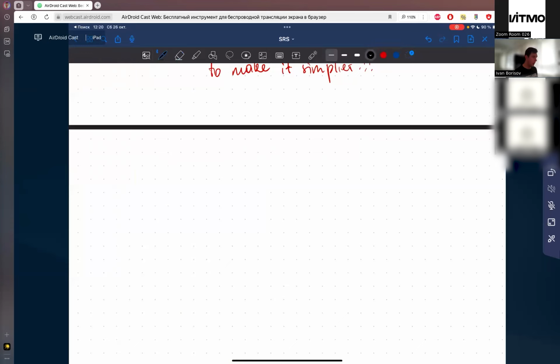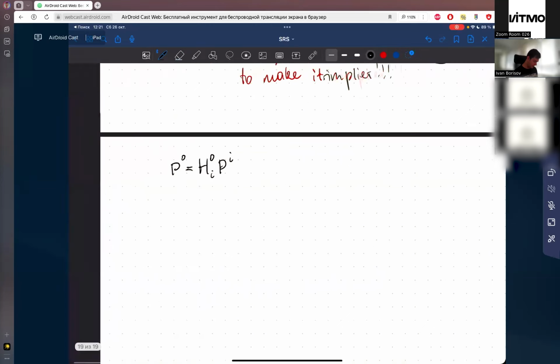So if we have Pi, the position of this infinitesimal small piece in frame I, if we want to go from the local frame representation to the zero frame representation, when the zero is considered as a space frame, this will be like this.